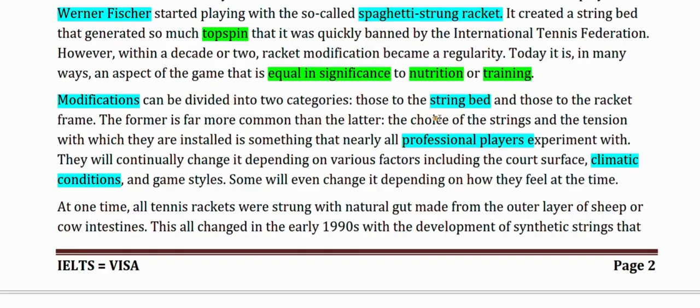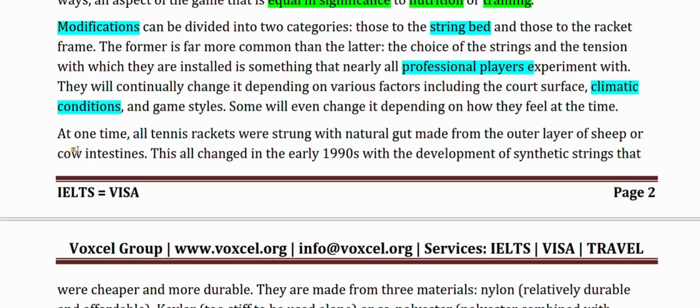Modification can be divided in two categories: string bed and racket frame. We have not read anything about animals in this particular paragraph. At one time, all tennis rackets. So at one time, meaning it was done at one particular time, but maybe not now. And it is our other keyword, all rackets.